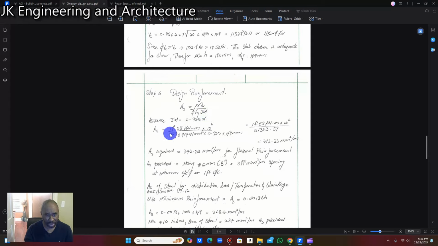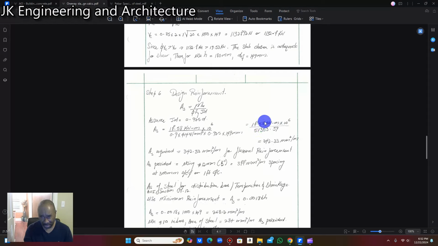So we plug that into the formula: our ultimate moment is 17.58 kilonewton meters times 10 to the 6, and I've already explained previously how I get 10 to the 6, over phi, which is 0.9, times 414 newtons per millimeter square, times 0.925 times 149 millimeters.